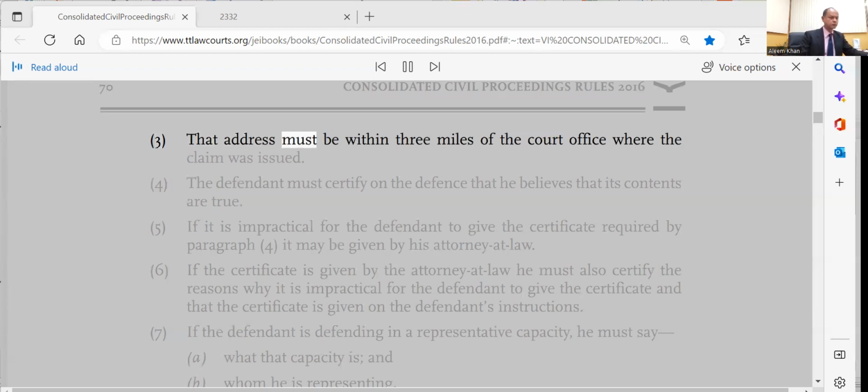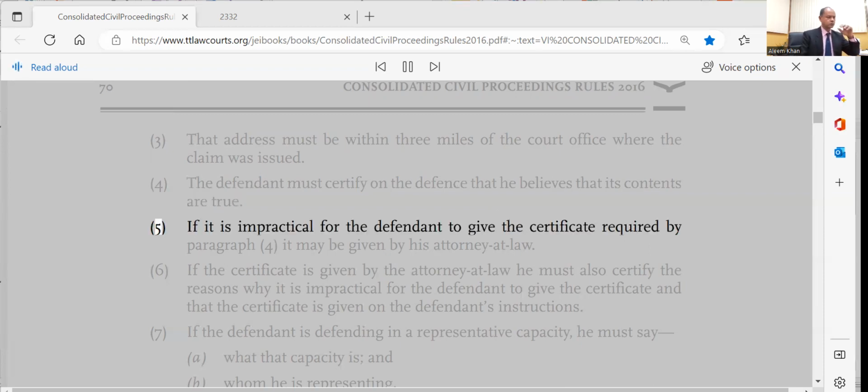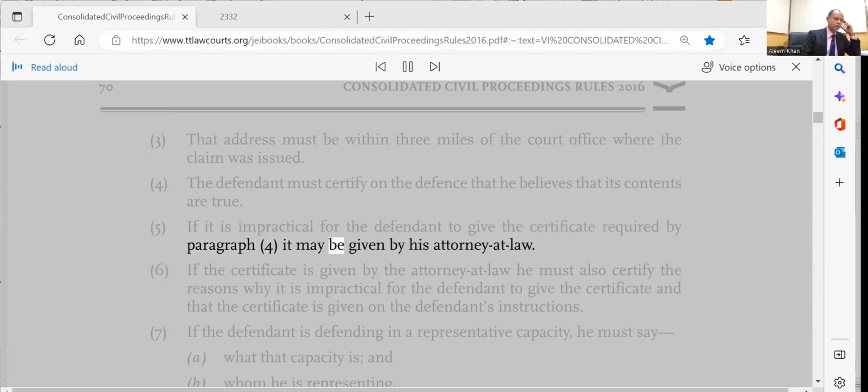3. That address must be within 3 miles of the court office where the claim was issued. 4. The defendant must certify on the defense that he believes that its contents are true. 5. If it is impractical for the defendant to give the certificate required by paragraph 4, it may be given by his attorney at law. 6.